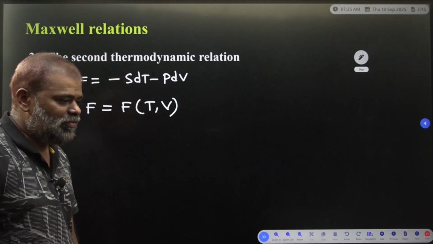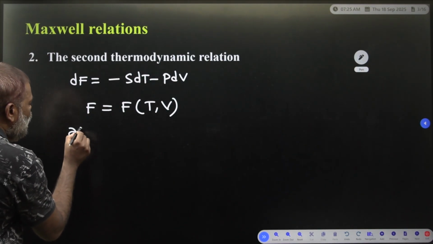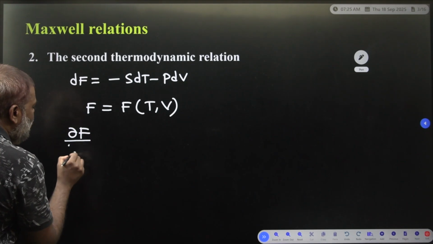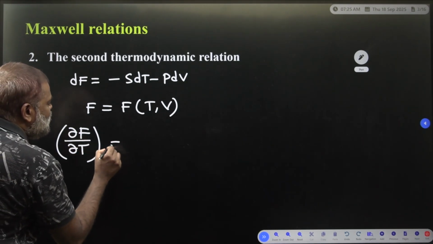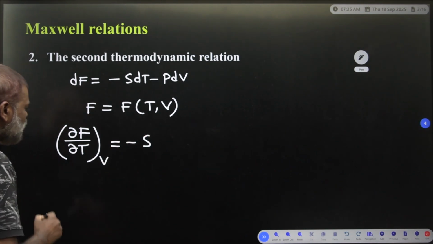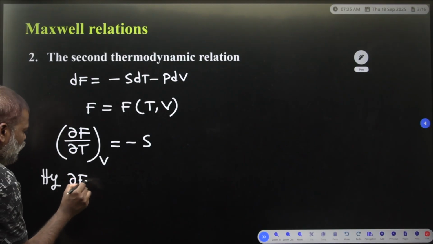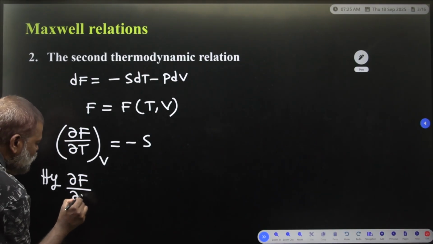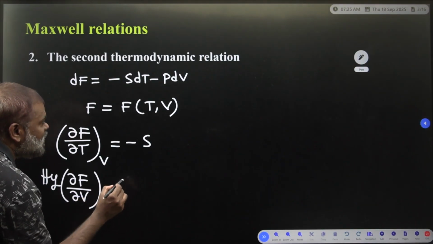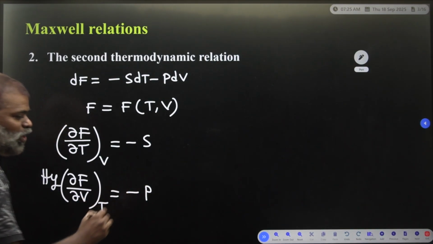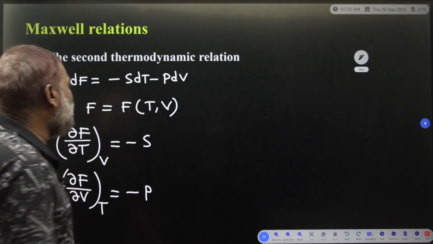Therefore dou F by dou T at a constant volume is equal to minus S. Similarly, dou F by dou V at a constant temperature is equal to minus P.